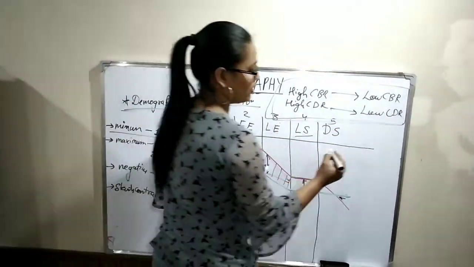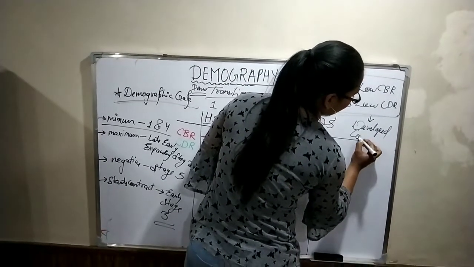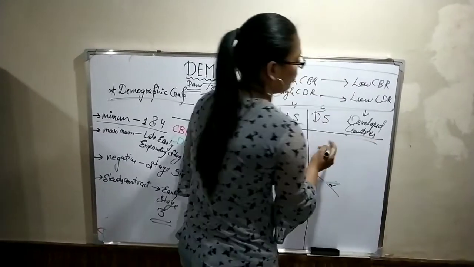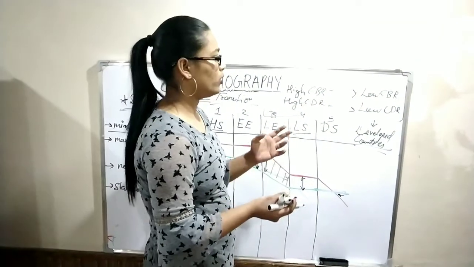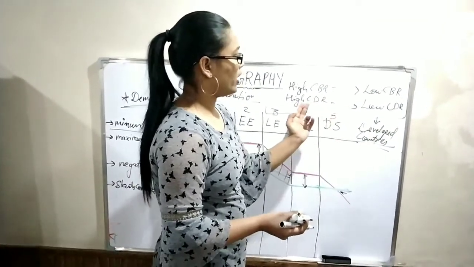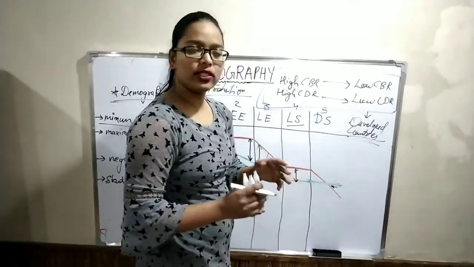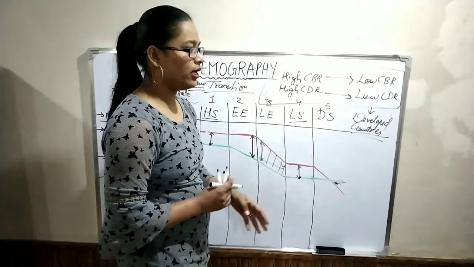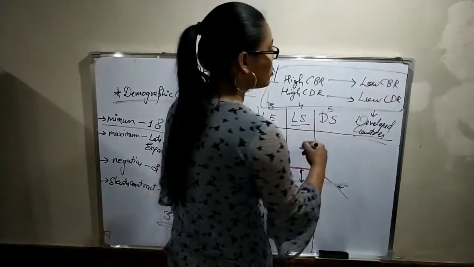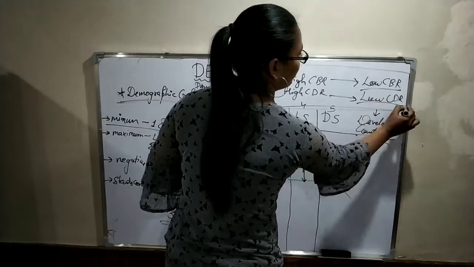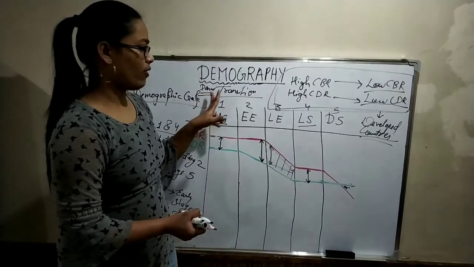It happens only in developed countries. Because if it is developed, there will be many hospitals and doctors, so there will be low death rate. So death rate starts declining and there will be low birth rate, because there will be many barriers and literate people can understand one child, maybe 2 child. So it will be low. So this was about the demographic gap and also demographic transition.